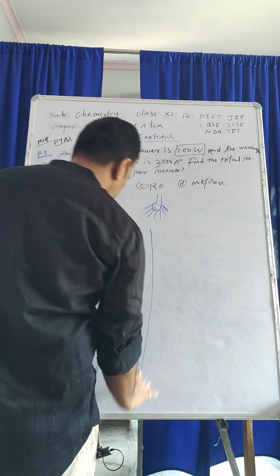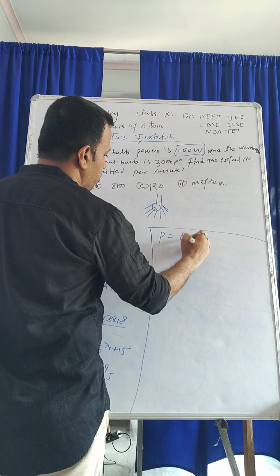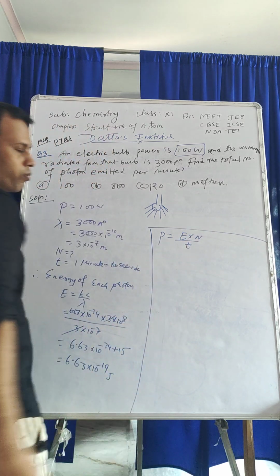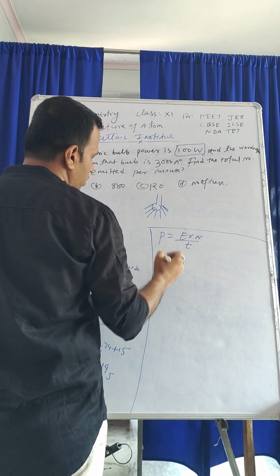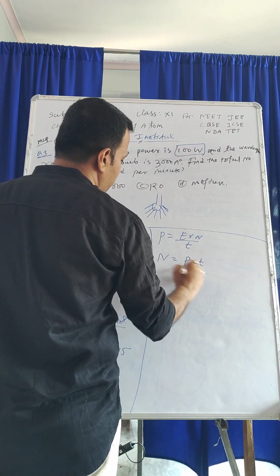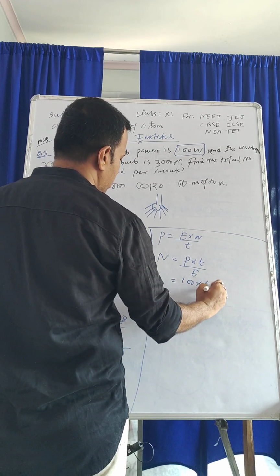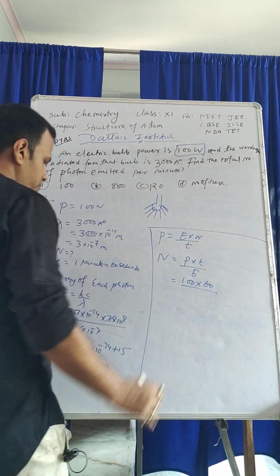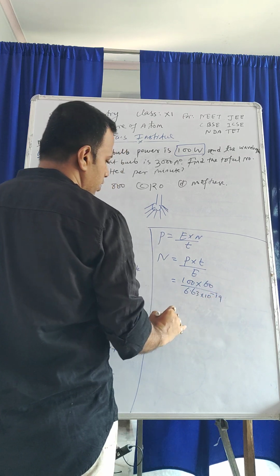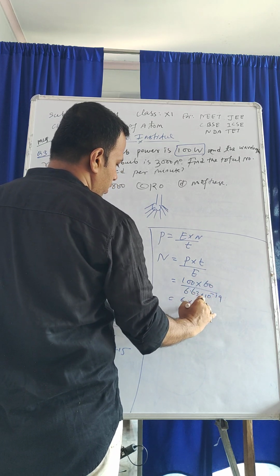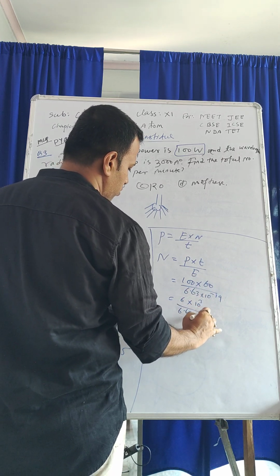Now what is the formula? P equals E into N by T. This is the relation between power and energy. From that we can find the number of photons, N equals P into T by E. So power is 100, time is 60 seconds, that is 1 minute equals 60 seconds, and here is 6.63 into 10 to the power minus 19.